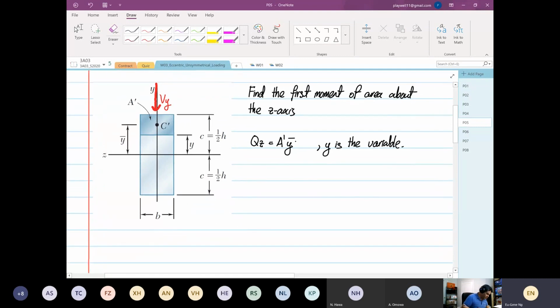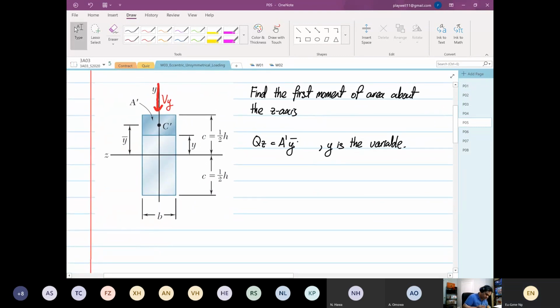So the analysis will be performed from the centroid axis.